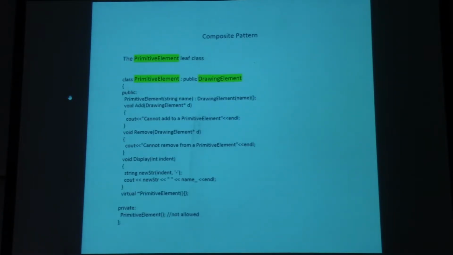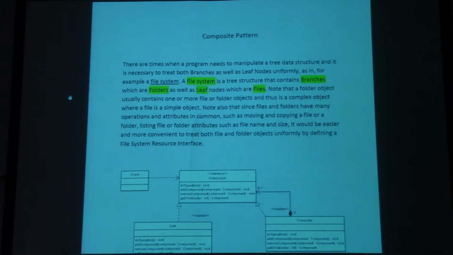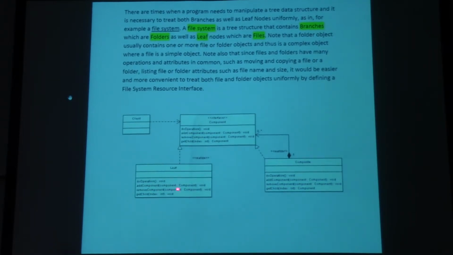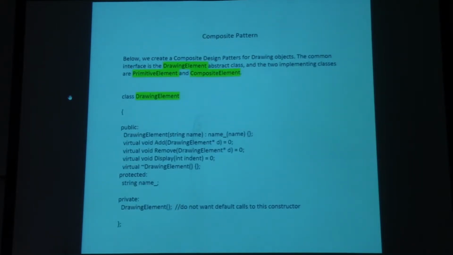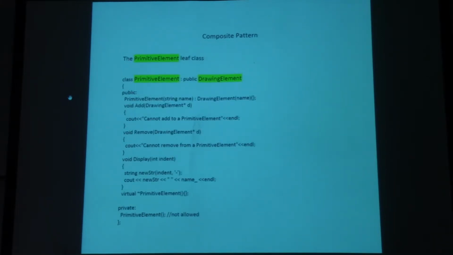Now we're going to have a primitive element, the primitive element leaf class. We're going to have one of these that realizes this one. This is the component, our drawing element, and this is going to be a primitive drawing element. We're going to have a primitive drawing element and a composite element. The primitive element is a subclass of the abstract one that we had.